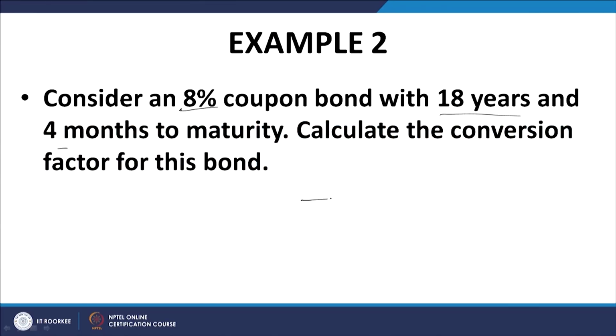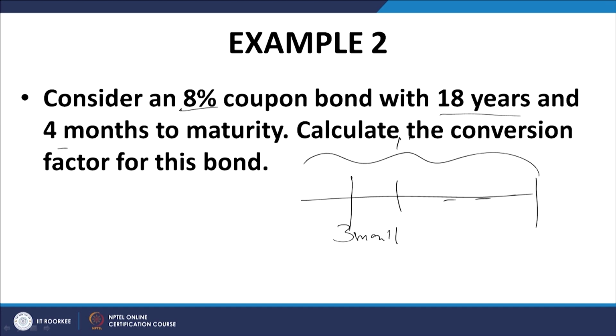So, in this case the first step is to work out the coupon date, and we start with the first coupon arising at 3 months from now, and thereafter every 6 months over the remaining life of the period of 18 years. That means from here we have 18 years and 3 months, this is 3 months.